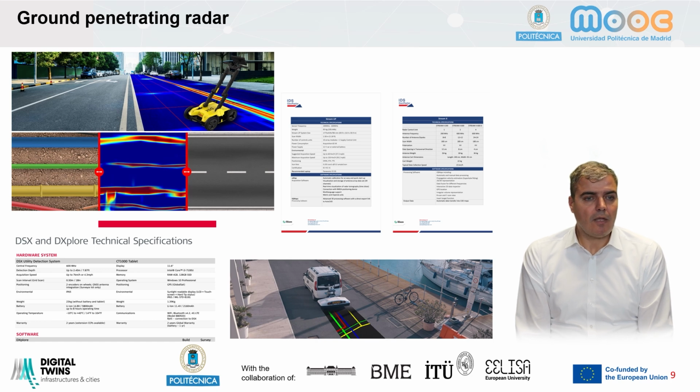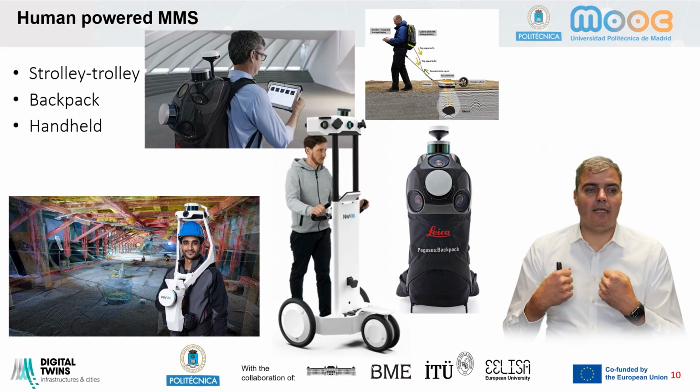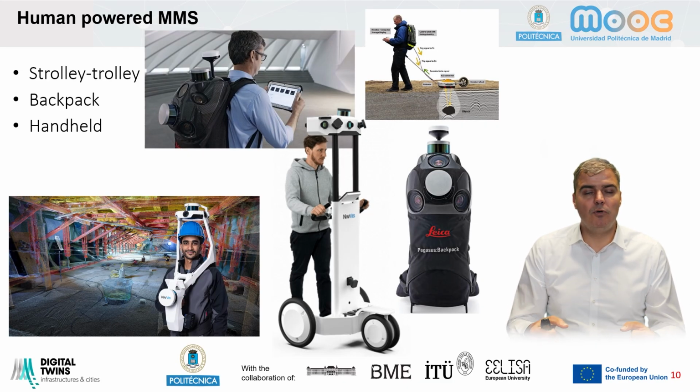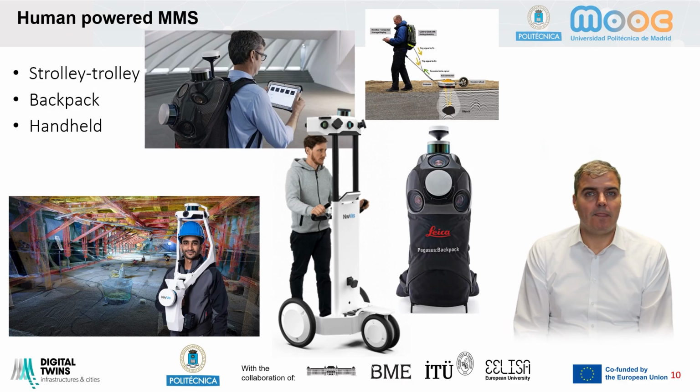Okay. The human-powered mobile mapping systems, either we are carrying in a backpack, or we are wearing the sensor, or we are pushing or pulling a trolley, and all the sensors are there. These are much more expensive equipment compared to terrestrial laser scanning.